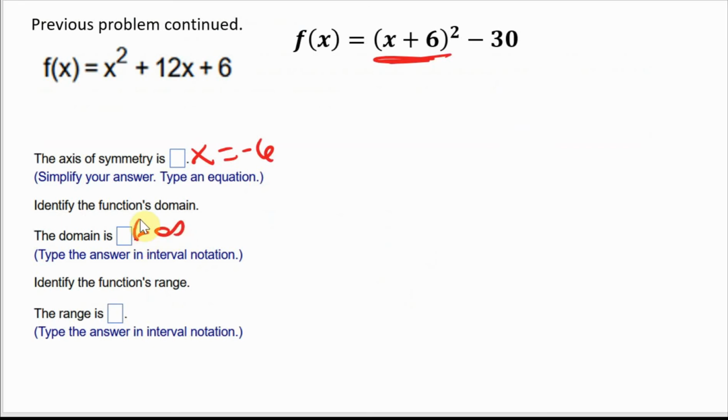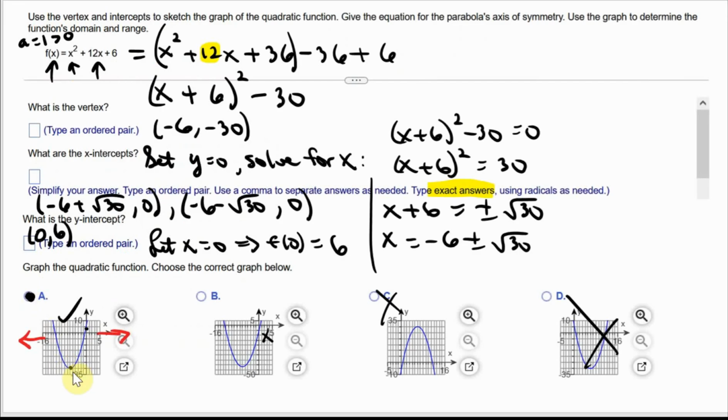Okay. The range, we go back again, look at the graph. That bottom number for the y value is negative 30, and then it goes up to positive infinity. That's for the domain. Then for the range, it goes up there, but its lowest value is here, right?